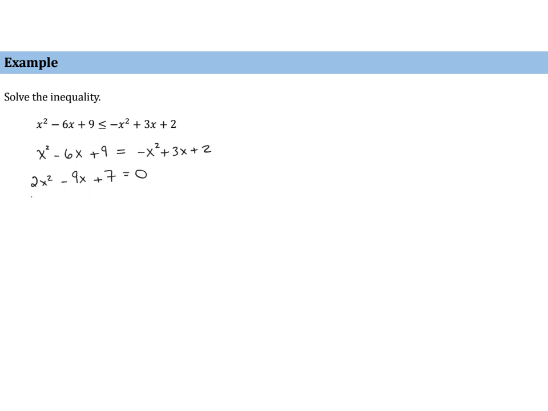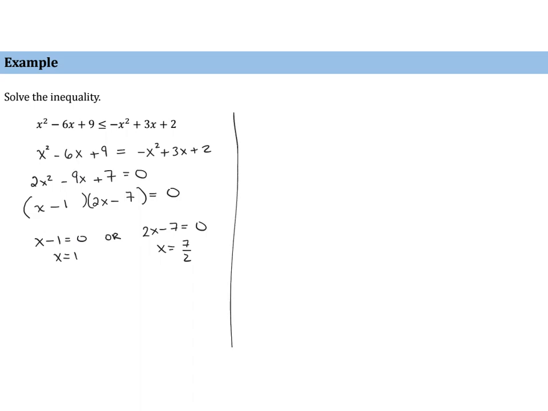Now again, this factors. So we have x, we have 2x. The signs will be the same. They'll both be minus. And we will have 1 and 7. So now that means x minus 1 equals 0, or 2x minus 7 equals 0. So x equals 1, or x equals 7 halves.